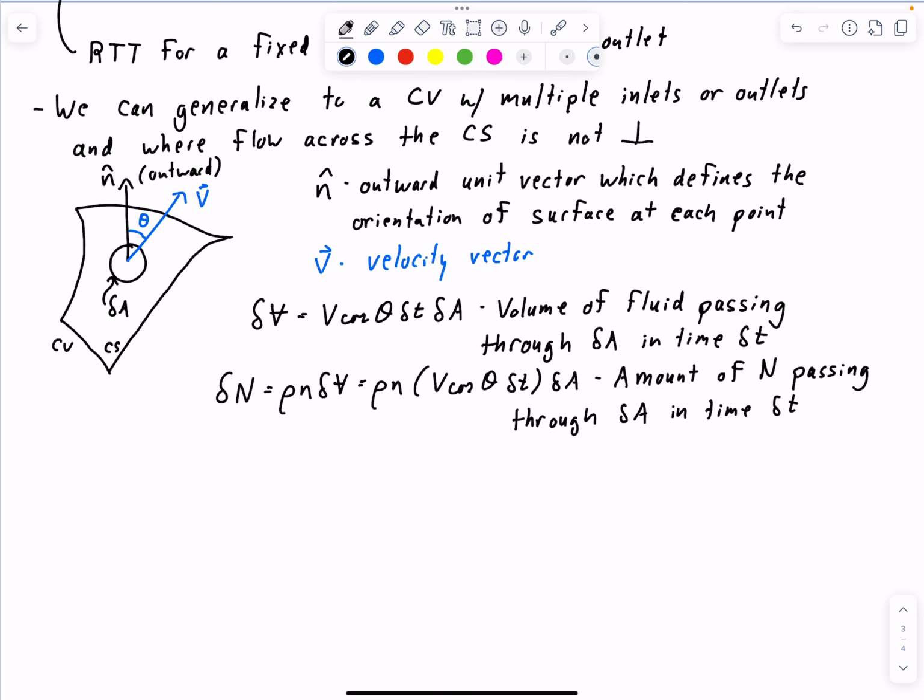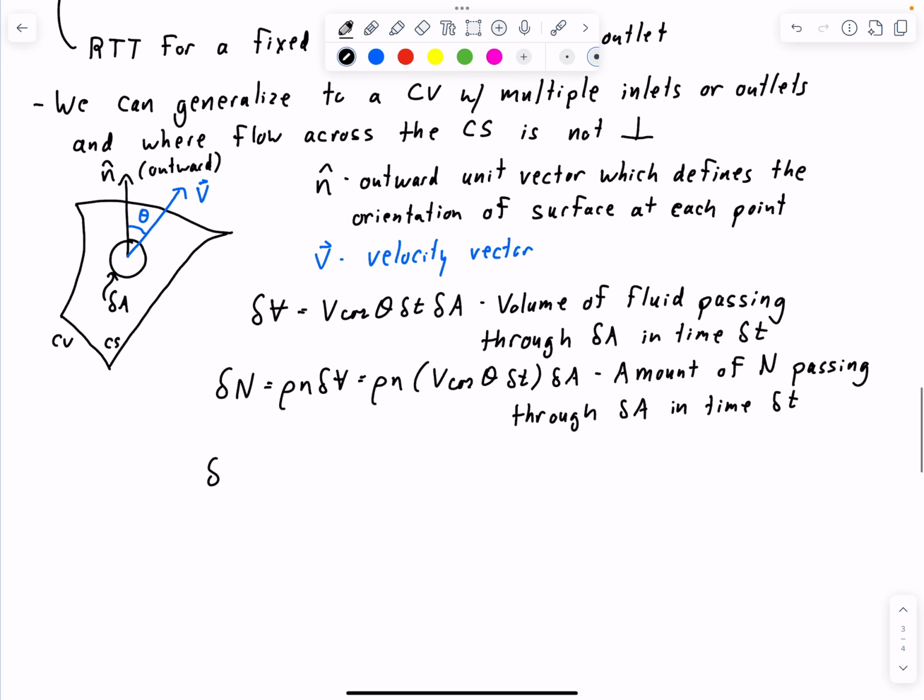Now the rate at which this is occurring is rho eta V cosine theta delta A.